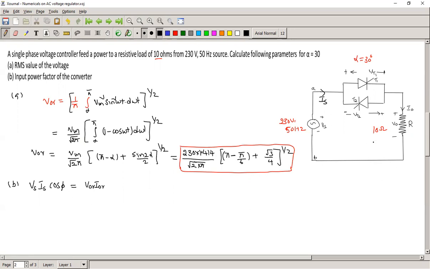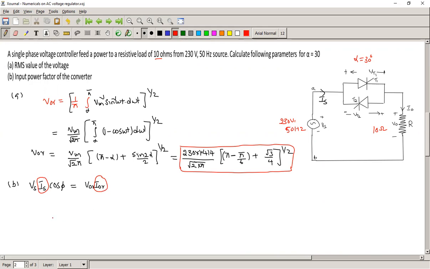In the case of an AC voltage controller with resistive load, the waveform for the source current and load current is the same. Once the waveforms are equal, the RMS values are also equal.